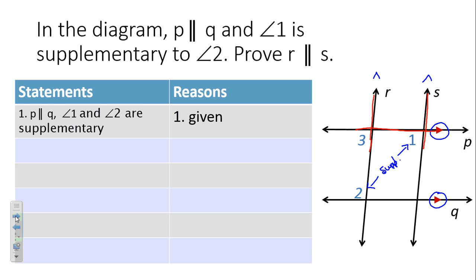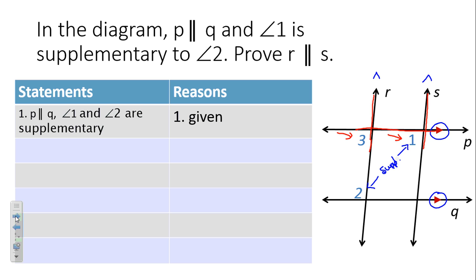So our goal has got to be to get these corresponding angles congruent. If these corresponding angles are congruent, then those lines will have to be parallel, won't they? So we're trying to get 1 congruent to 3, and that's going to force it to be parallel.